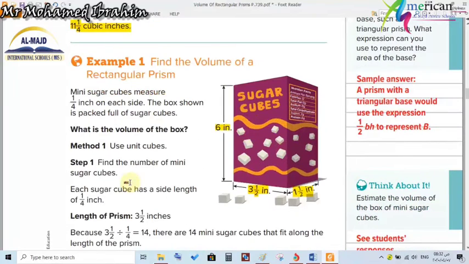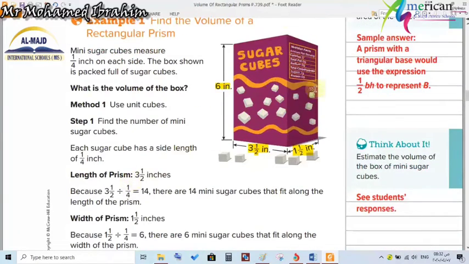Another example. This box is full of small sugar cubes. You want to find the volume of the box and the volume of the sugar cubes.